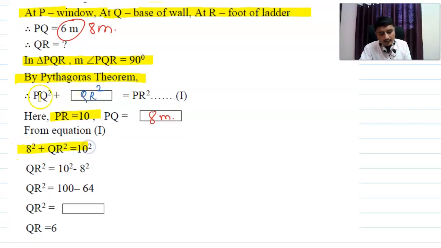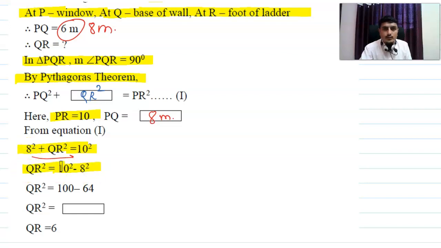8 square, that means the PQ value is 8, so we get 8 square plus QR square equals PR value 10, so 10 square. Now once we shift the 8 square from RHS to LHS, plus 8 square becomes minus 8 square.